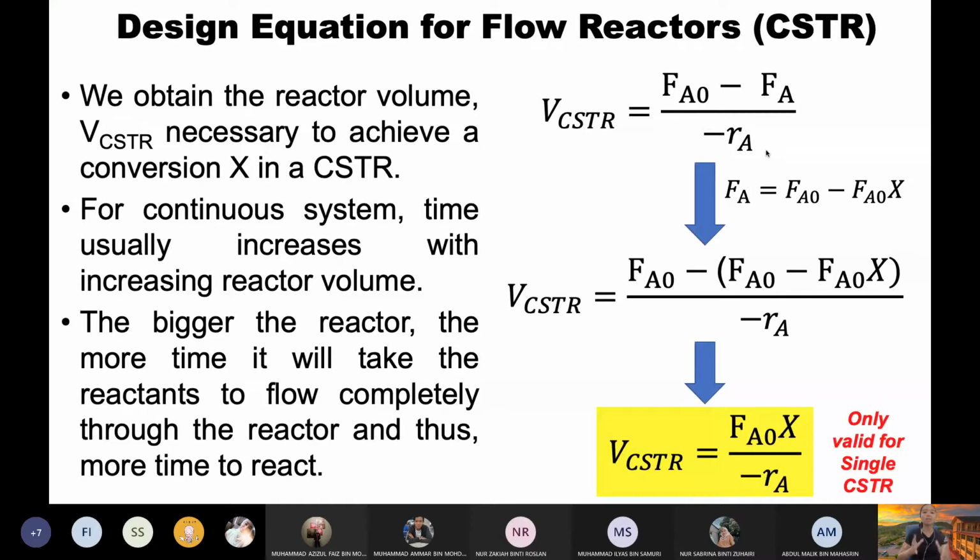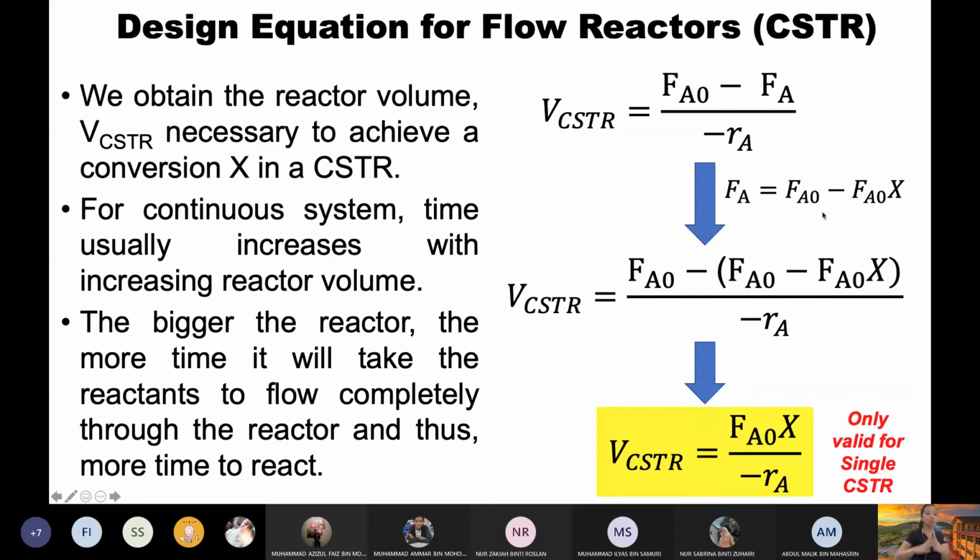So the equation has to introduce the conversion. You see the equation I derived just now, we don't have conversion yet. But we have learned last Monday that there is a correlation.